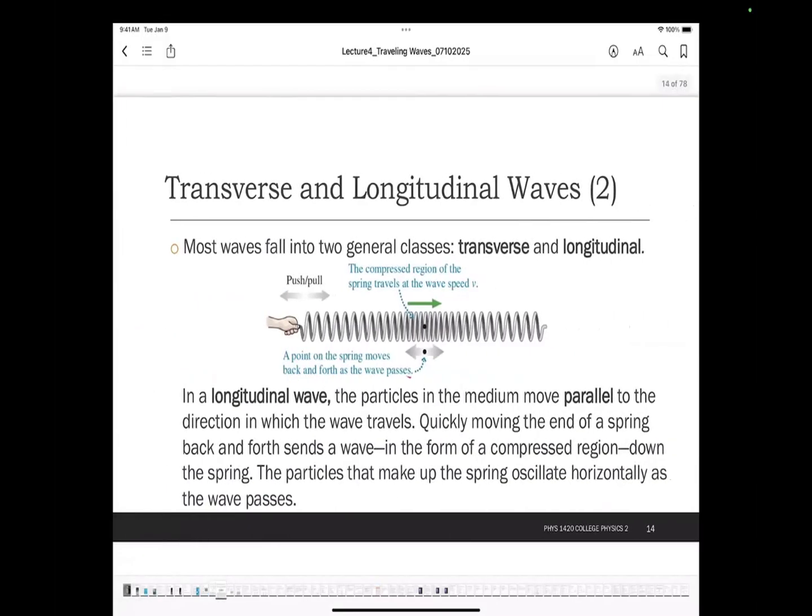And the other one, we call the longitudinal wave, where the particles in the medium move parallel to the direction in which the wave travels.